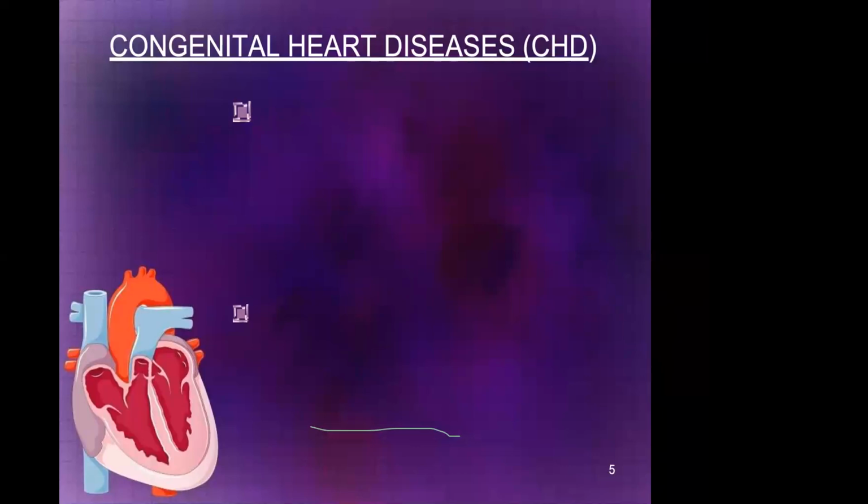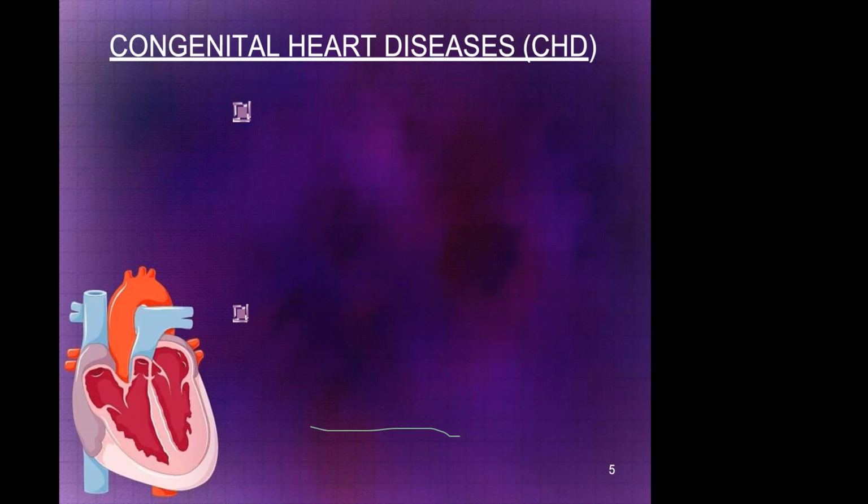Otherwise, to try to make the concept clearer, what happens in the blue baby, the cyanotic one? In the cyanotic one, there is either decreased or increased pulmonary blood flow, but of course, the baby will be cyanosed. In the pink baby, there will be volume or pressure overload. So the problems can be PDA, patent ductus arteriosus, VSD, or ASD, even coarctation of the aorta as well.